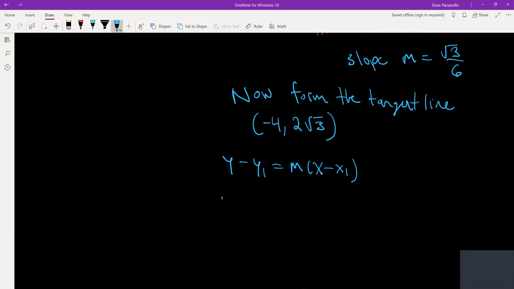This will be y minus 2 square root of 3 equal to, and our slope is square root of 3 over 6, so square root of 3 over 6 times x minus, well, it's -4, so it'll be turned into x plus 4. All right, finally, that is the answer.